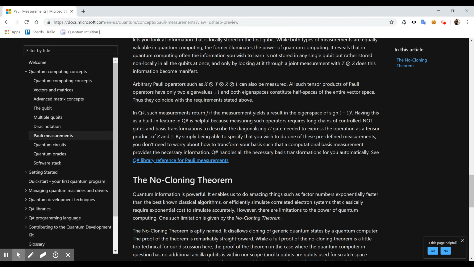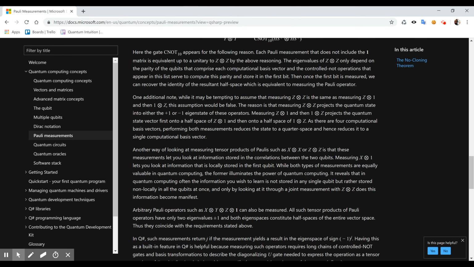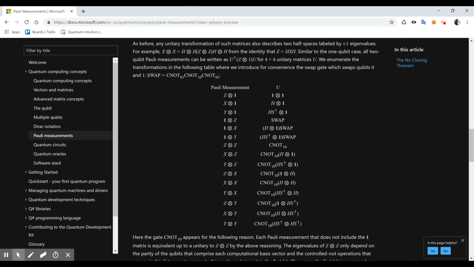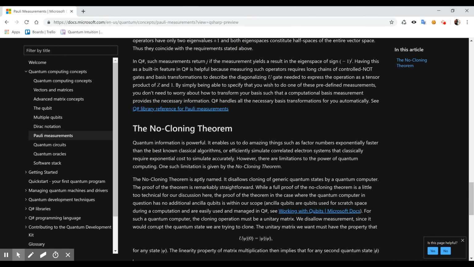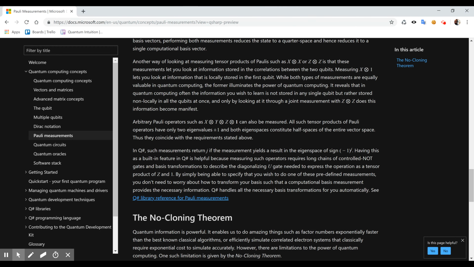Usually that's complex to do in a quantum circuit, and it's funny because this is just before the circuits chapter anyway. You have to do a bunch of operations that might not be so obvious to remember.